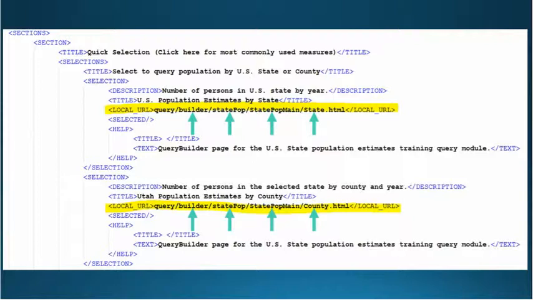Remember, the only purpose of the selection XML file is to allow the user to navigate to a query builder page. So this partial URL is telling IBIS to use the query builder XSLT file with the selected configuration in the state pop folder, state pop main file, in this case the county configuration.